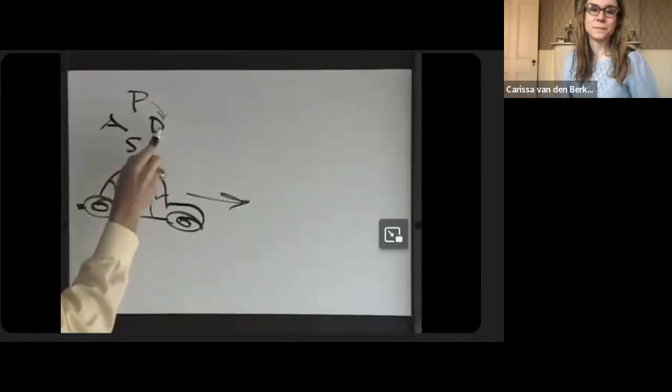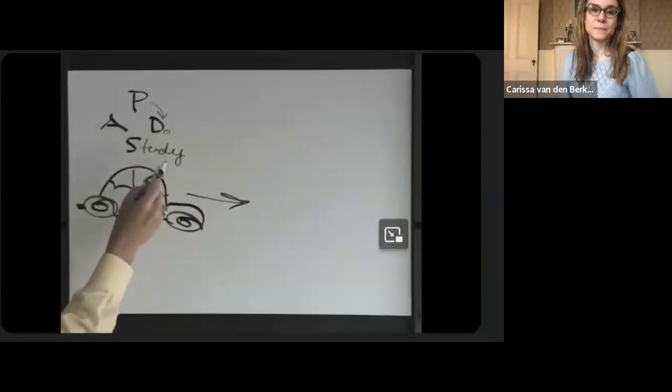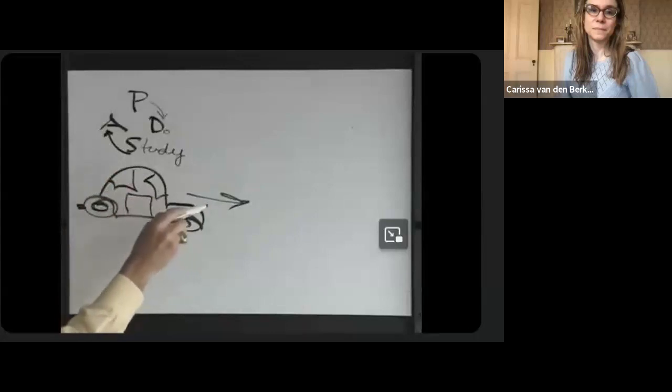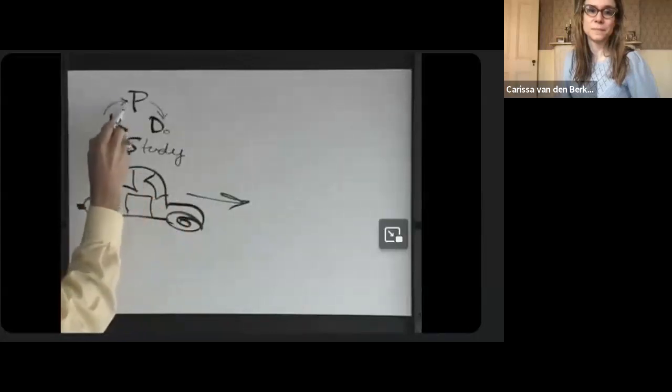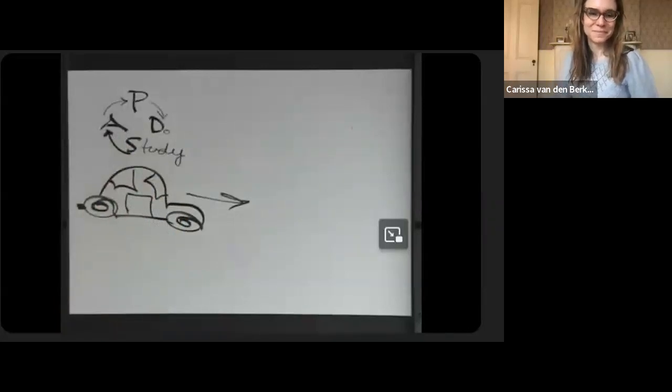So you've planned your journey, you're doing it, you're studying it now because you're getting feedback off the radio, and then you discover that this road is closed. So you take that information, you put it into your brain, and then you say, I'm going to get off this road and take a different route to avoid that accident. You've just gone through a PDSA cycle.